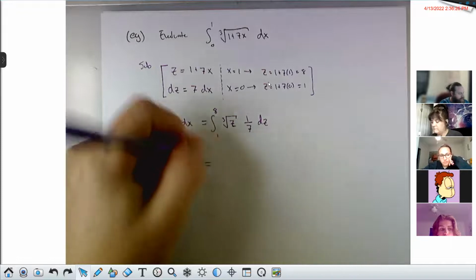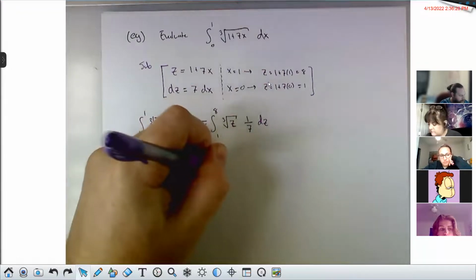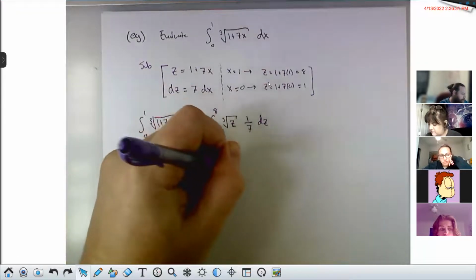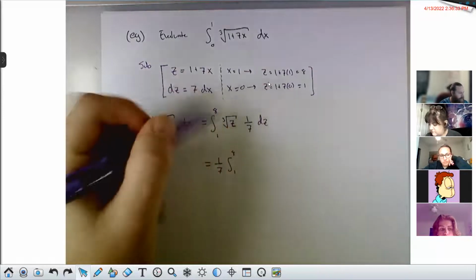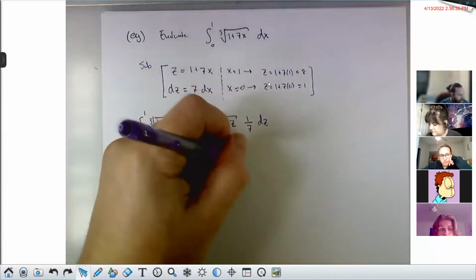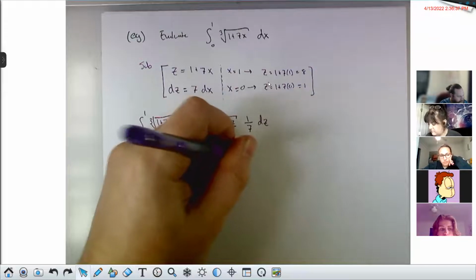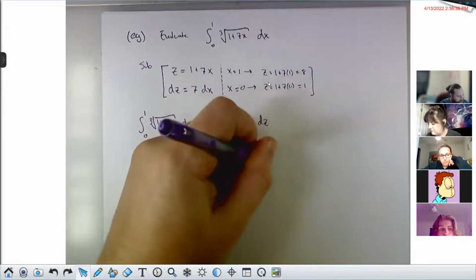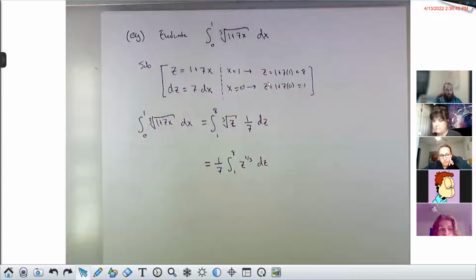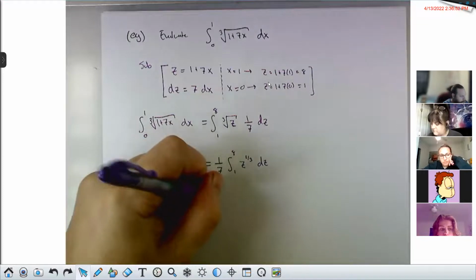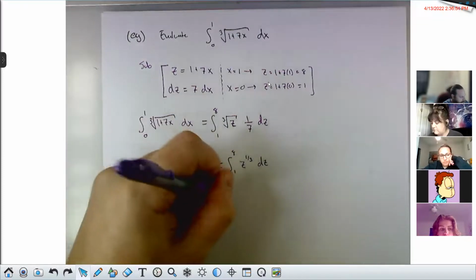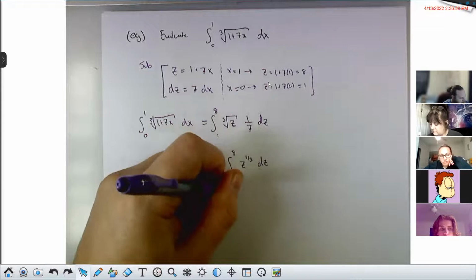So a factor of 1/7 can come out. And what's left is the integral from 1 to 8 of the cube root of z, which I'll write as z to the 1/3 power. The 1/7 is still just going to hang out front.